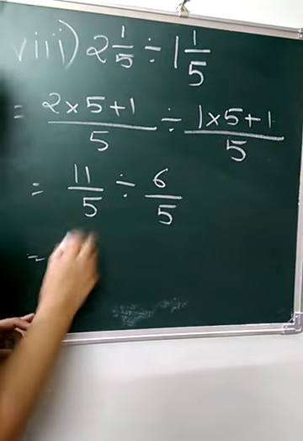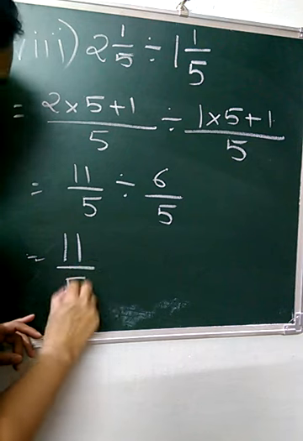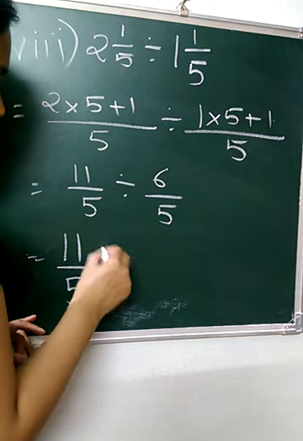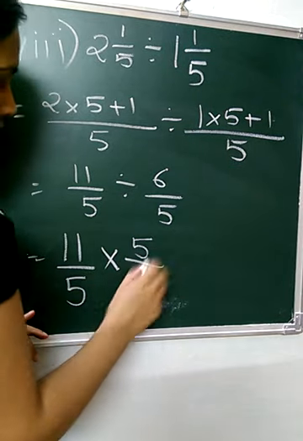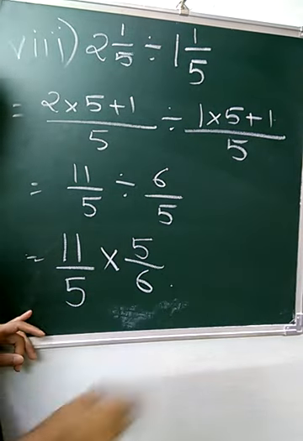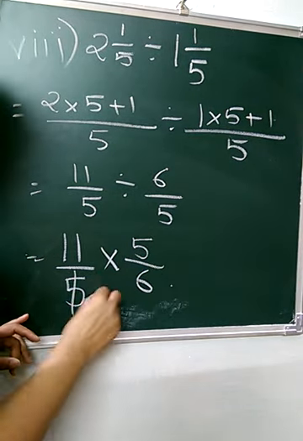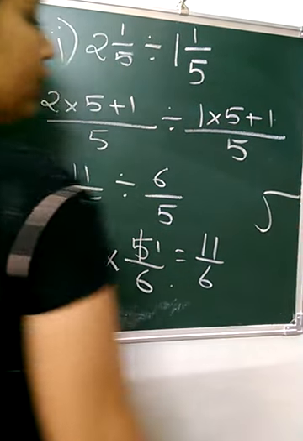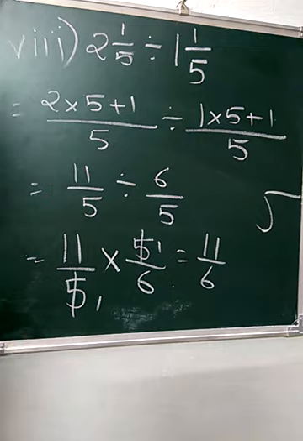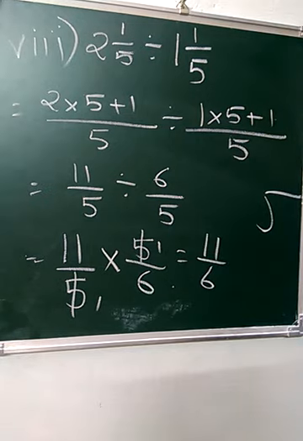Now we convert the division into multiplication by the reciprocal of the second fraction, that is the divisor. Now 5 and 5 will get cancelled. So 11 by 6, which you will convert into a mixed number. That is your homework.